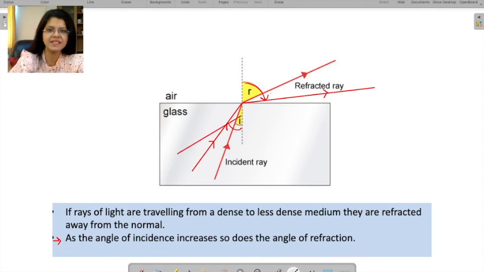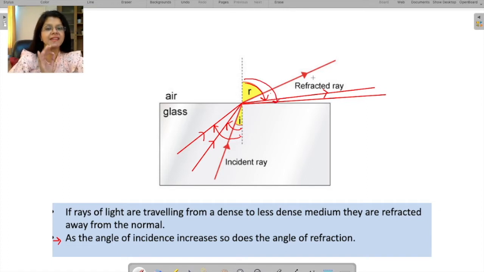You're increasing the angle of incidence further, the angle of refraction also increases. As and when you keep increasing the angle of incidence, the angle of refraction also keeps increasing. Right? I hope you understand.